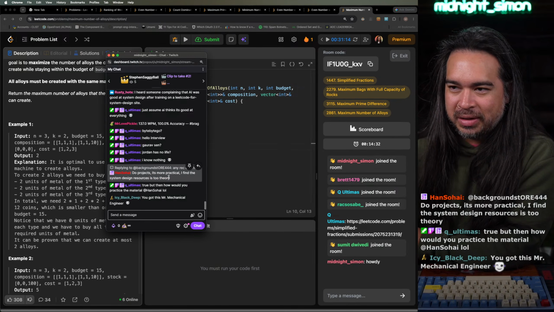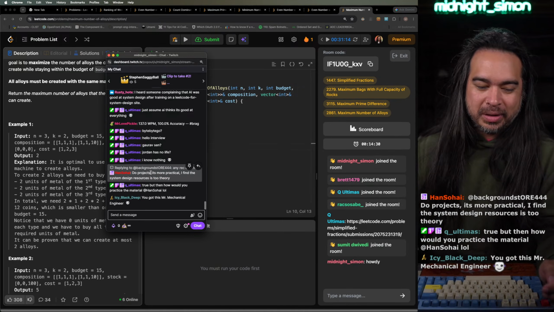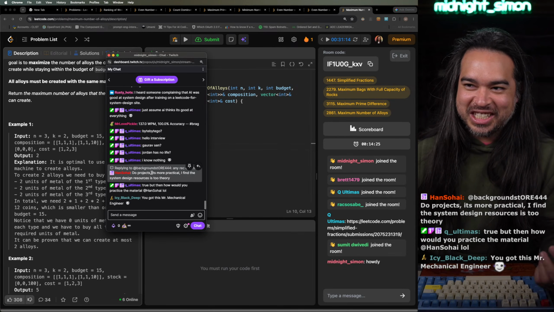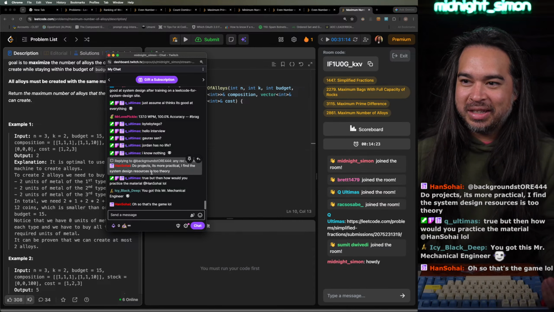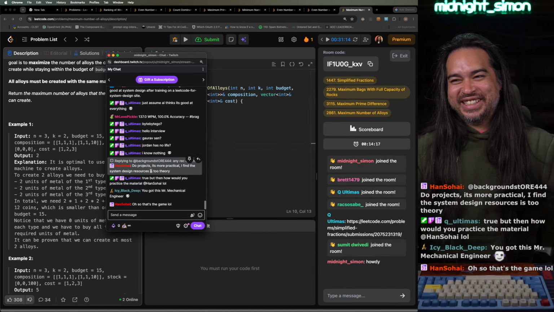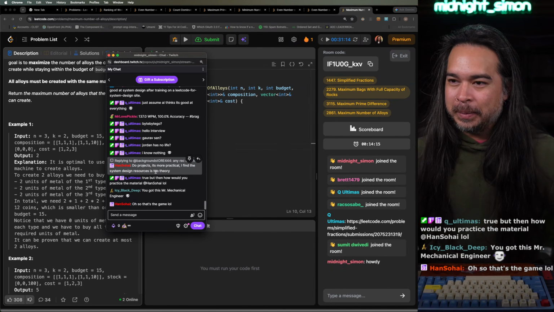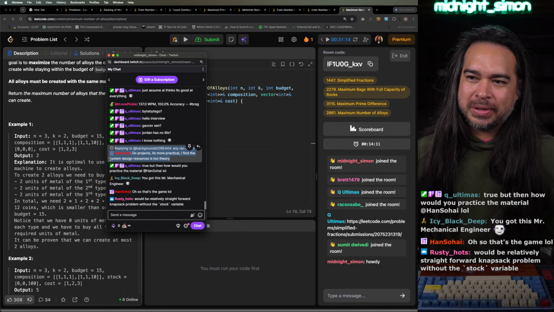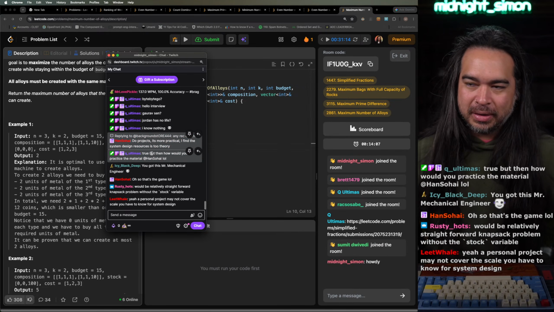So I don't think doing projects won't be beneficial, but if you want to pass a system design round, you gotta do the dance that they're expecting you to do, you know. And there's some things in system design that you will almost never touch in a personal project.